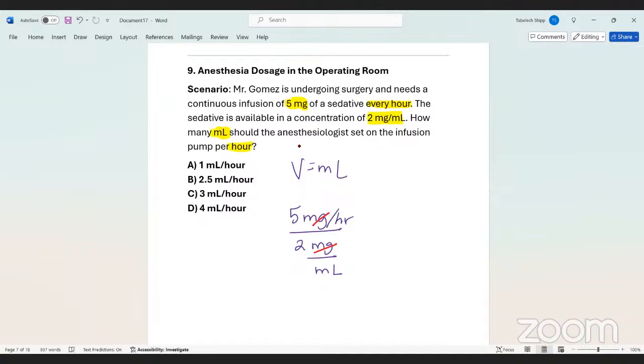And right here, you've got 5 divided by 2, and that's going to give you your 2.5 milliliters per hour. Okay? That's how you do that type of problem.